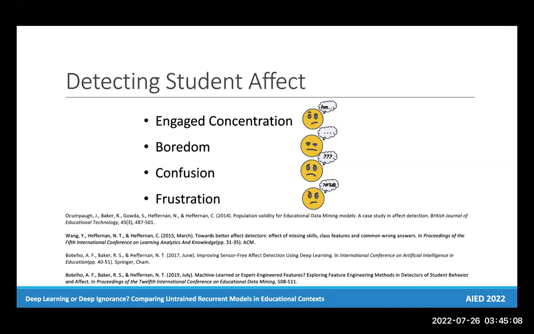We have labels of affect: engaged concentration, boredom, confusion, and frustration, that are gathered from human observers who have gone into classrooms while students are interacting with a learning environment, in this case, assessments. We can then take those labels, which are gathered sporadically over time for each student, and pair them with the clickstream data collected from assessments in order to build these models.